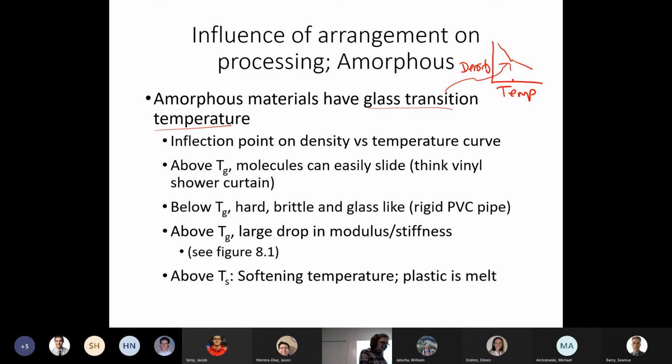We can also think in terms of properties that our vinyl shower curtain is an example of a material that is above the glass transition temperature. Rigid PVC pipe is an example of below, just to give us some review of that material. Again, we may have a large drop in modulus or stiffness above the glass transition temperature.